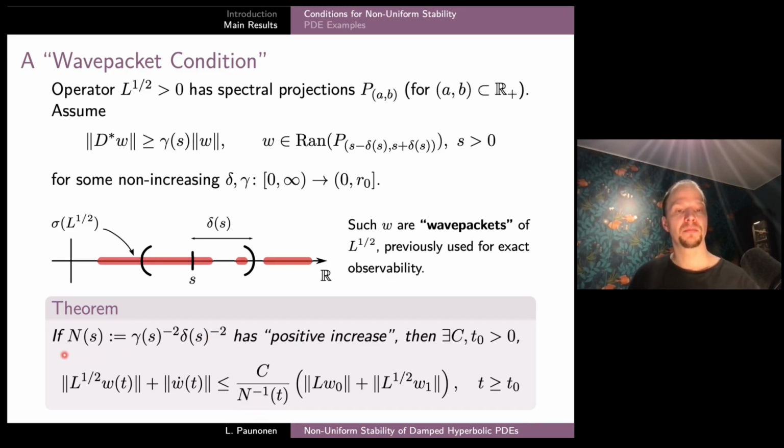And this time the function capital N is determined by the functions gamma and delta. And if we assume that it satisfies an additional condition guaranteeing that it doesn't grow too slowly, then the decay rate is again determined by the algebraic inverse of this function capital N.